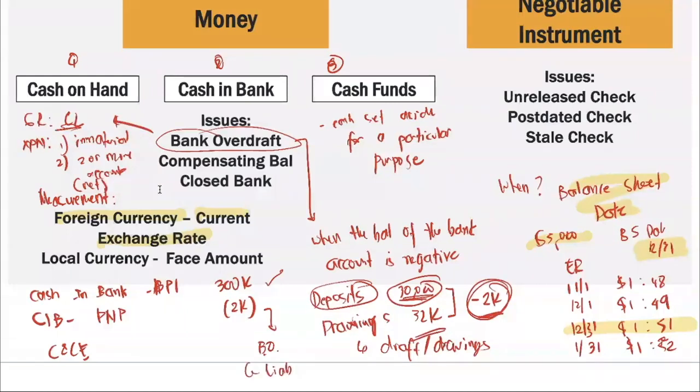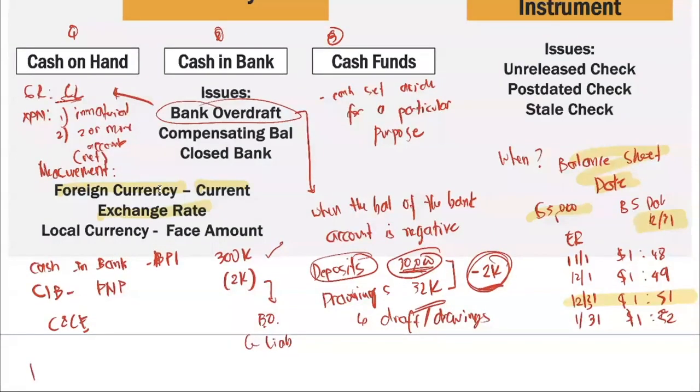The exception to that rule is if it is immaterial. So for example, the problem provides that it is considered immaterial. If the problem provides that it is considered immaterial, then you can net it. General rule, current liability. Exception to the rule, if it's immaterial or two or more accounts, you net it.